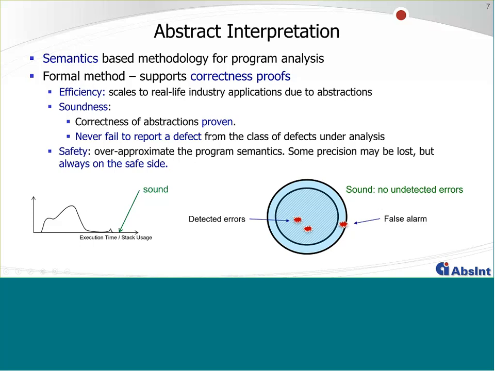So when you do this for a static analyzer, do the corresponding proofs, then you know that you're on the safe side. So yes, you might lose some precision, but you will not miss any defect. For timing or stack usage analysis, it means you will never underestimate the true worst case. And for runtime error analysis, it means that the tool will never fail to detect a true defect in the code.